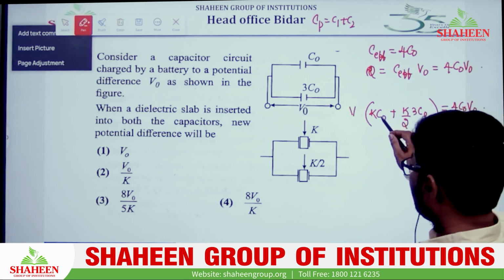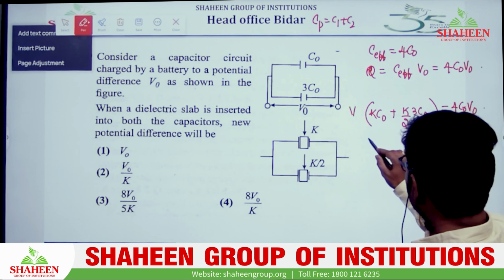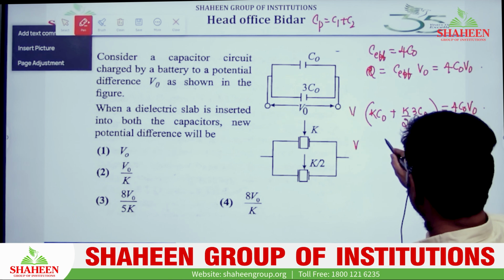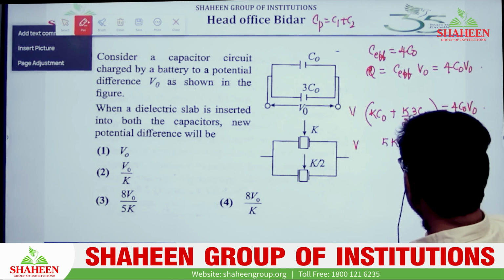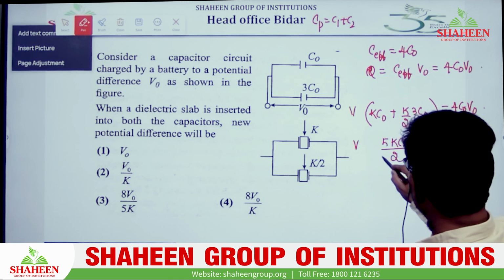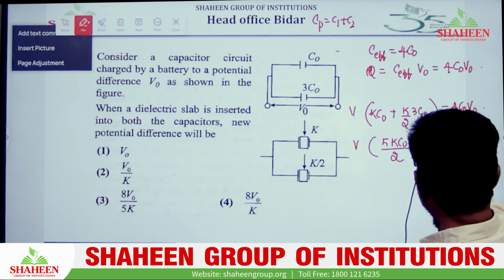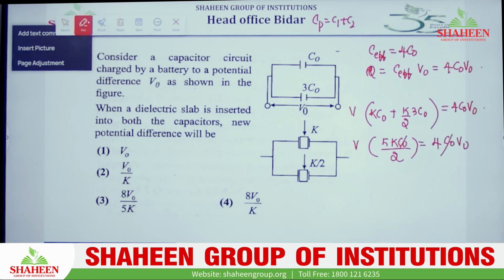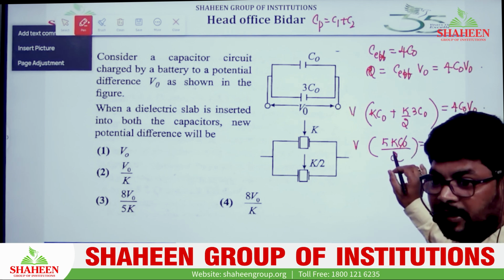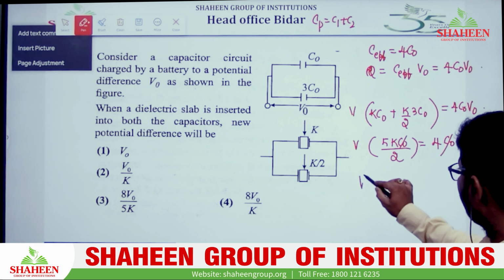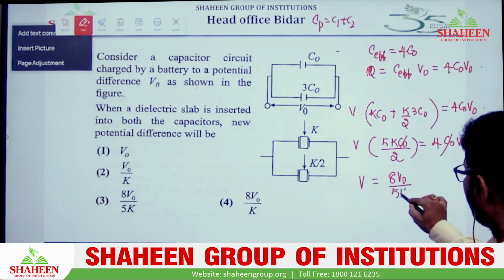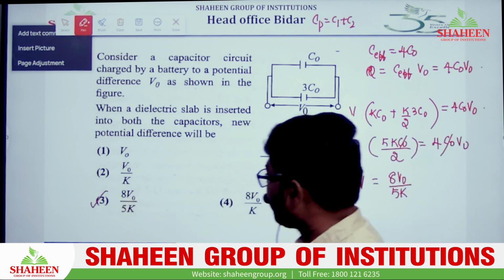So V into (2 plus 3) 5 K C naught upon 2 is equal to 4 times C naught V naught. C naught gets cancelled. So what remains? The new potential is 8 V naught upon 5K.